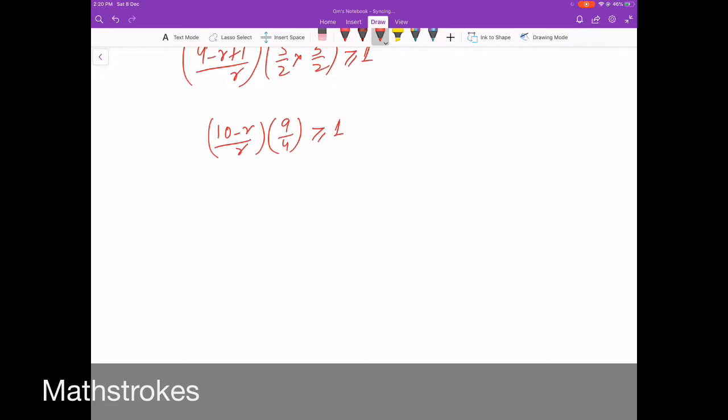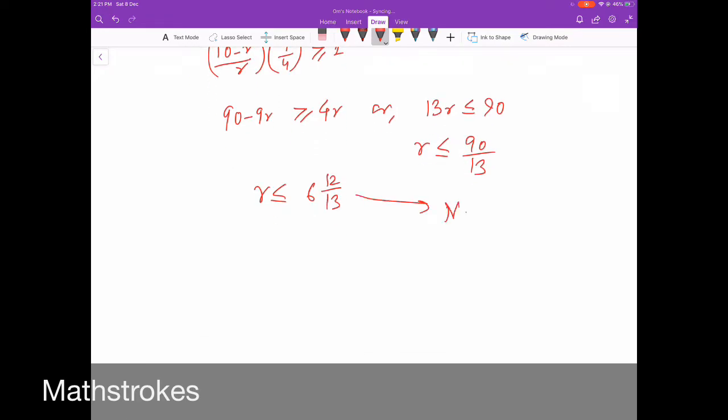Now 90 minus 9r is greater than or equal to 4r, or I can say 13r is less than or equal to 90. r is less than or equal to 90 upon 13. When you calculate it, you will get this is 6 whole 12 by 13. So obviously this is not an integer.